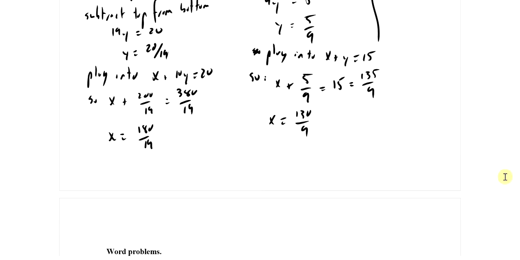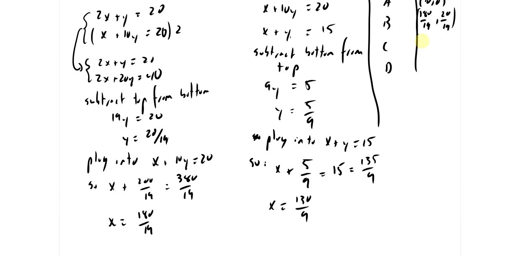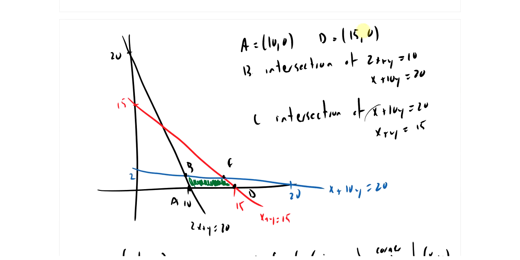B, as we calculated, had x equals 180 over 19, and y is 20 over 19. C had y equal to 5/9 and x equal to 130 over 9. And D, as we found out above, is 15, 0.